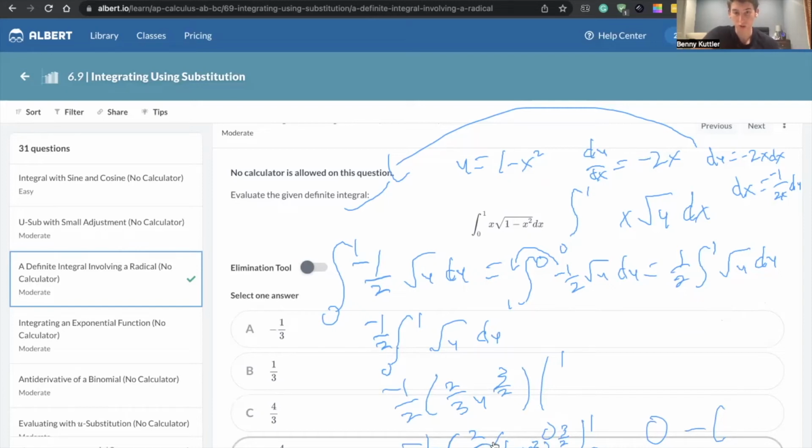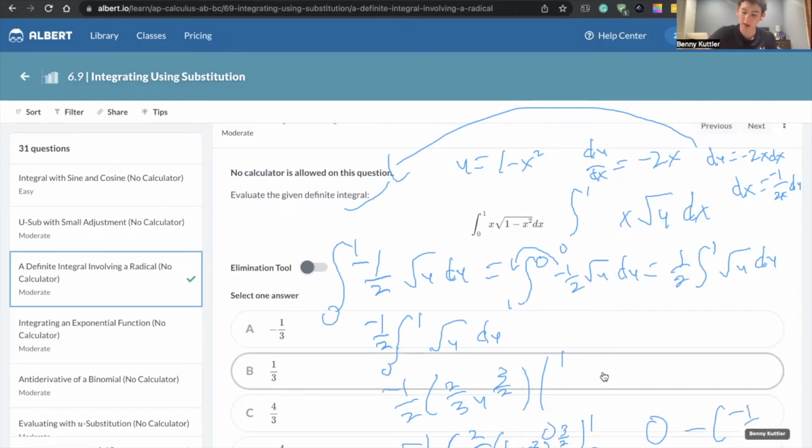We do the power of 3 halves before we multiply, so 1 to the power of 3 halves is still 1, times 2/3 is 2/3, times -1/2 is -1/3.